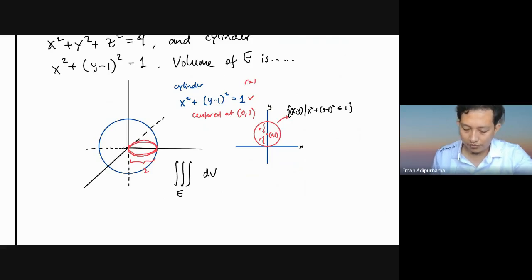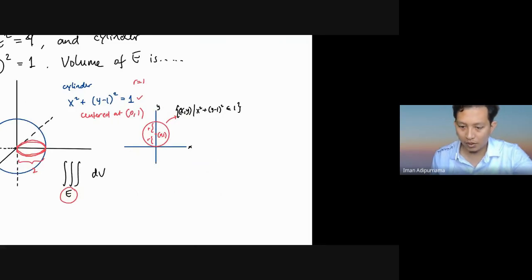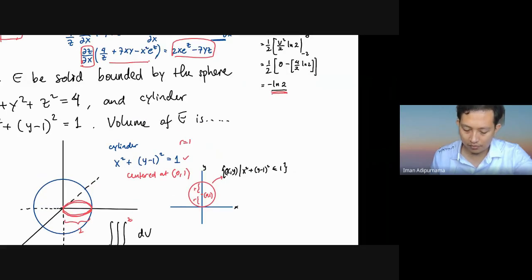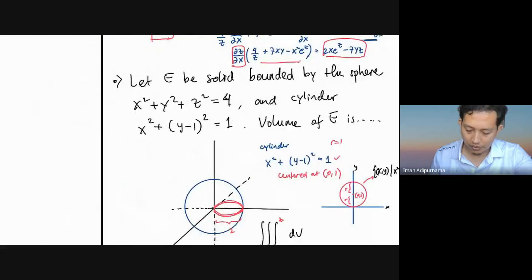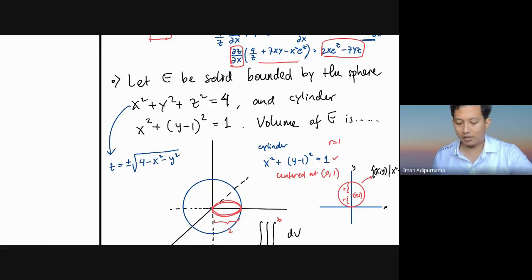We need to define our E. First, if you want to have z here, we can take z from the sphere equation. The upper surface is the positive, and the lower surface is the negative.